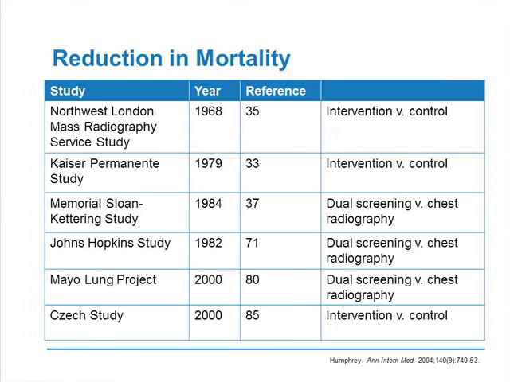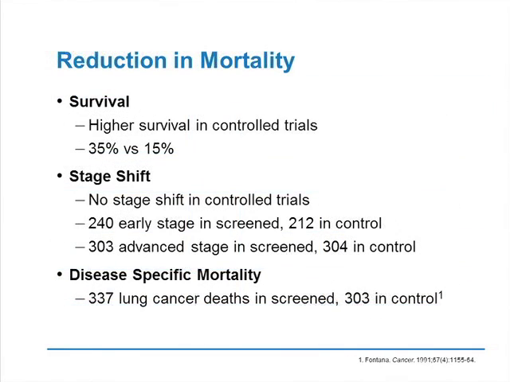What you see in this slide is that none of these studies showed a mortality reduction. They did show improved survival, however, much like the cohort trials did. There were higher survival in screen-detected cancers than in non-screen-detected cancers. They were also able to find more early-stage cancers.